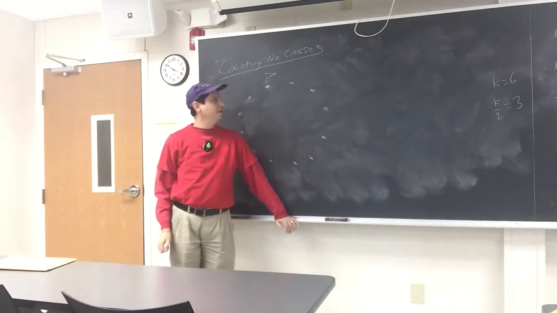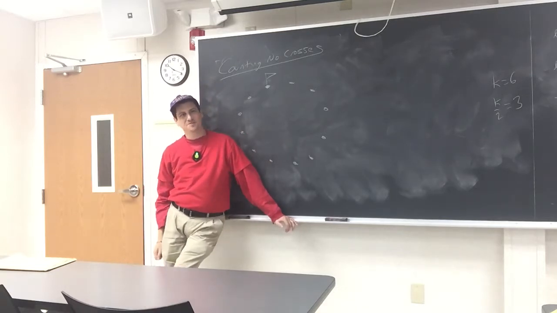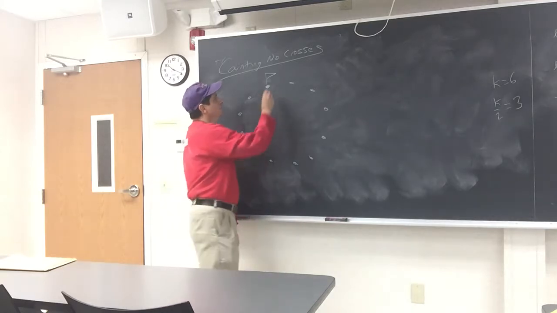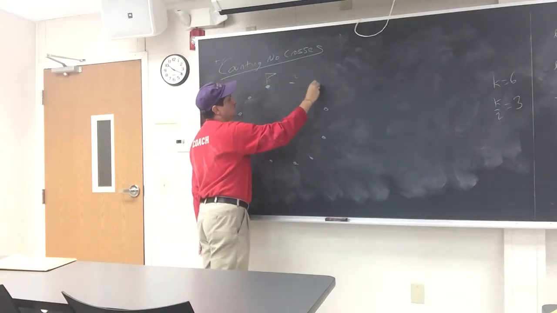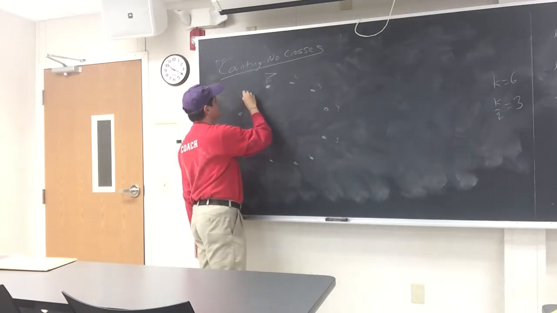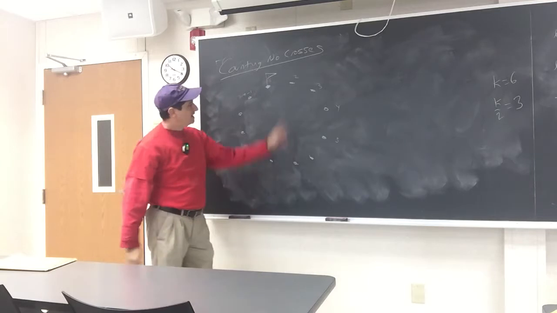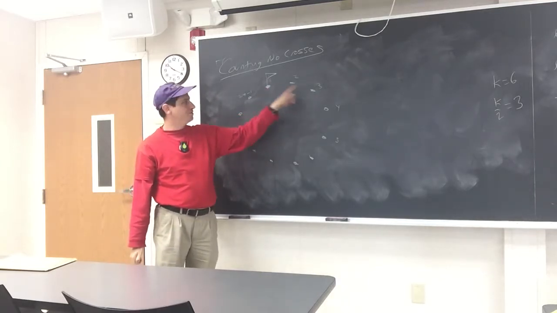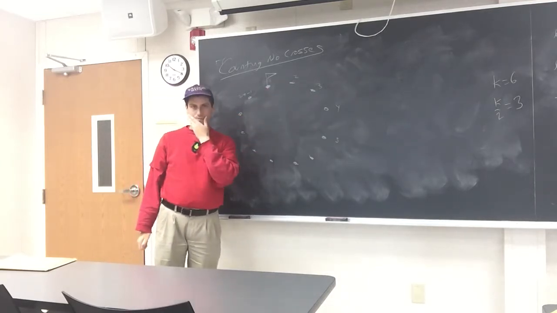So you should be able to tell me one place where it cannot be matched. You can't do it to like one of the third one. Right, because then the 2 will cross. I can't match it with 3, because if I match it with 3, then 2's got to go somewhere.